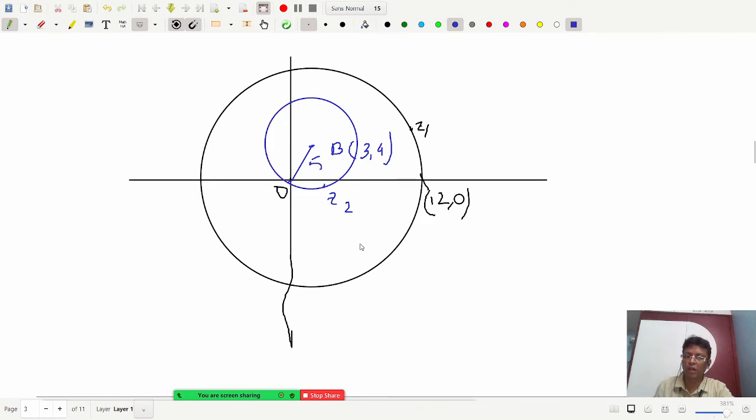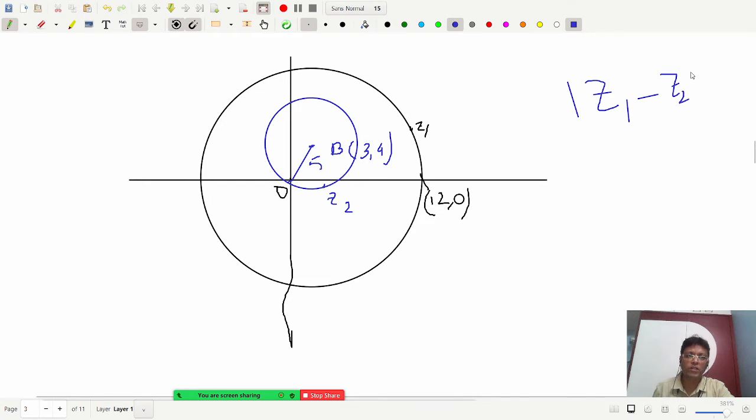So you have two circles on the Argand plane, one having the center origin and radius 12, another one having the center 3 comma 4 and radius 5. Clear?